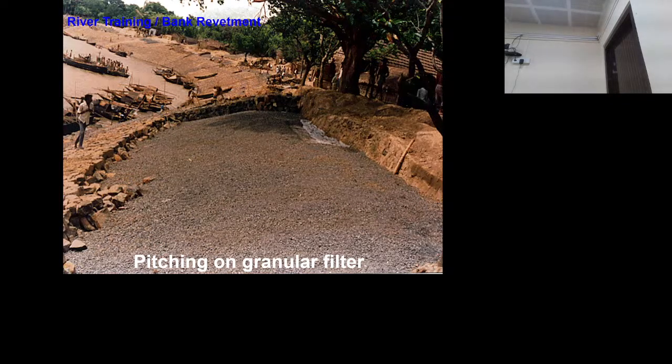After that, place the geosynthetic material, and after that again 30 centimeter of sand. The geosynthetic material should be sandwiched between the sand layers, 30 centimeter and 30 centimeter, so that the excess water on the upstream will be drained through this filter.